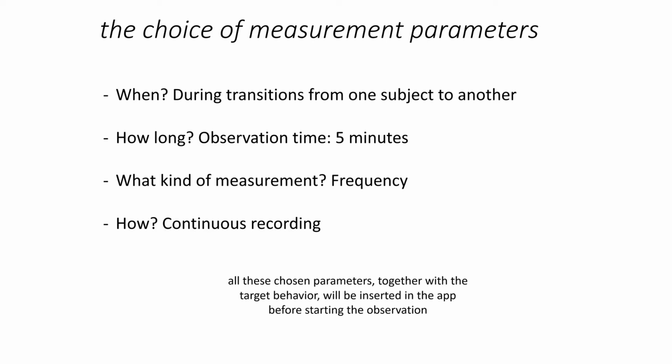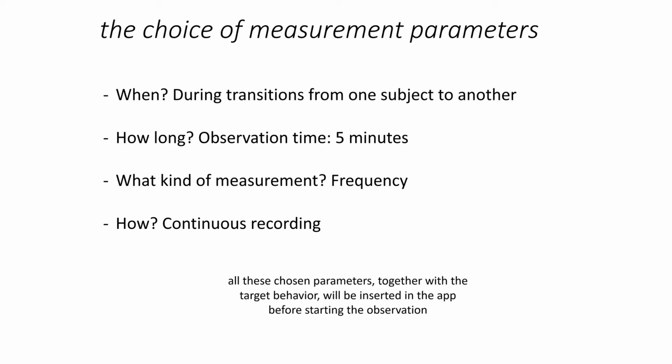Please bear in mind that with frequency we don't mean just counting the number of times a behavior is emitted, but instead the relationship between the number of times and the unit of time. For the specific case under analysis, we have chosen a reference time of 5 minutes since the transition began.